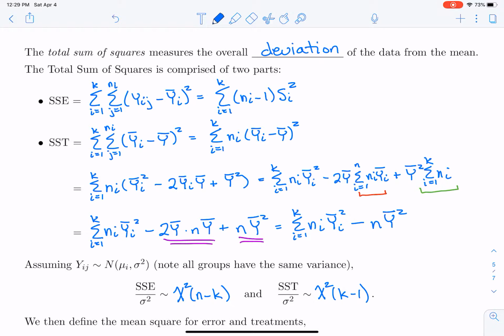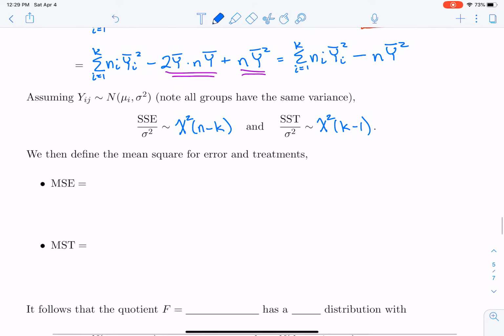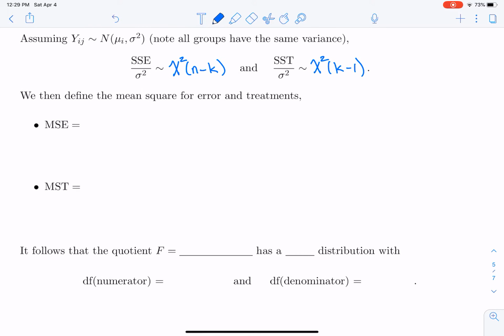Okay, now we're going to look at what's called the mean square for error and treatments. So I want to take the sum of the squares of the errors, and I'm going to divide that by n minus k. When I do that, I'm going to get the sum from i equals 1 to k of n sub i minus 1 s sub i squared over n minus k.